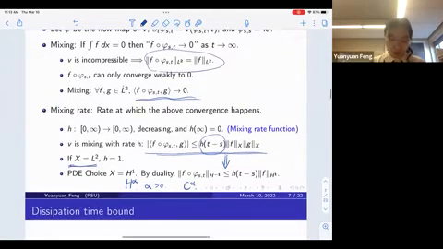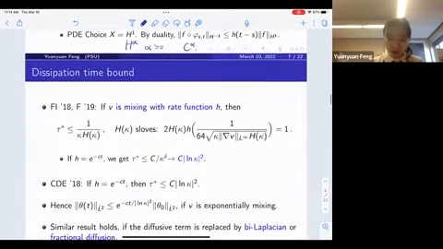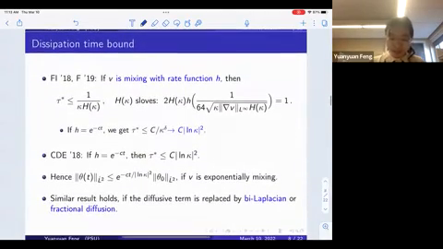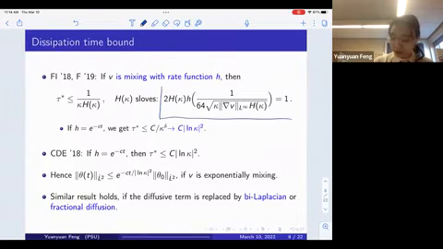Okay, so with a mixing rate function, our result says that if V is mixing with rate function H, then the dissipation time tau star is bounded above by 1 over kappa times H kappa. Here the function capital H kappa is explicitly given through this formula.